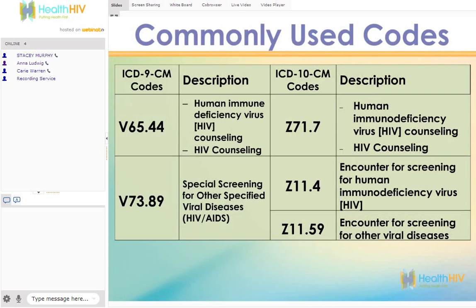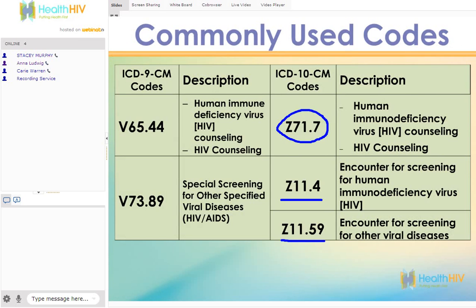Some additional codes that you were probably using under the old coding system. Counseling, V65.44, is now Z71.7. The screening code maps to 2 different codes in ICD-10. It maps to the HIV screening code, and it also maps to other viral diseases.